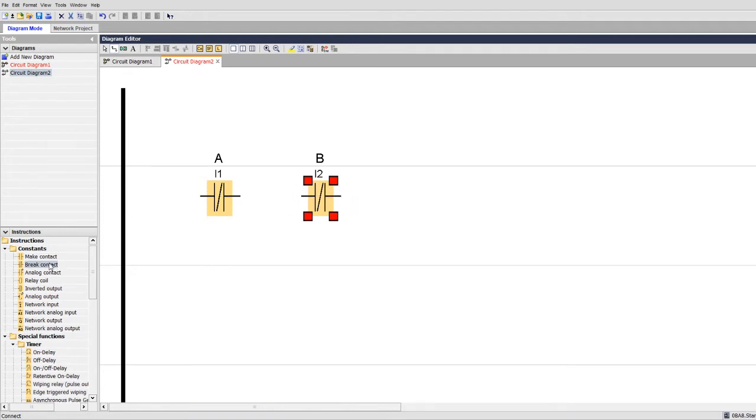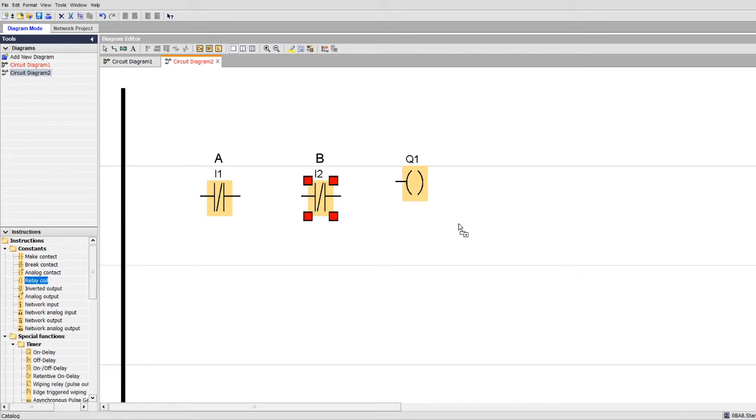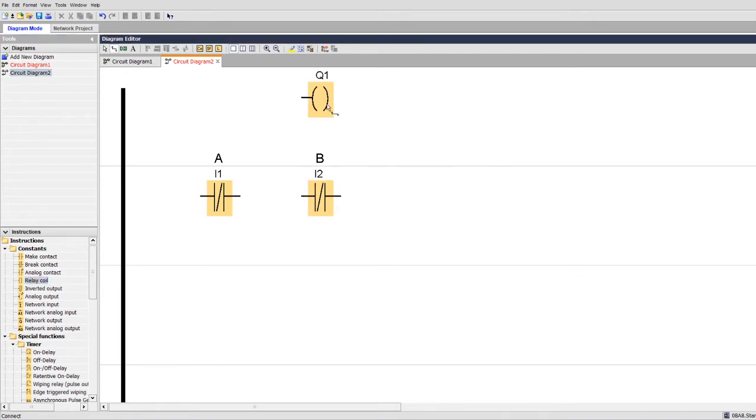Next, we need to take the output, that is the relay coil. Select it and drag it. Like this, for our output purpose, we have to take the different normally open and normally closed contacts.